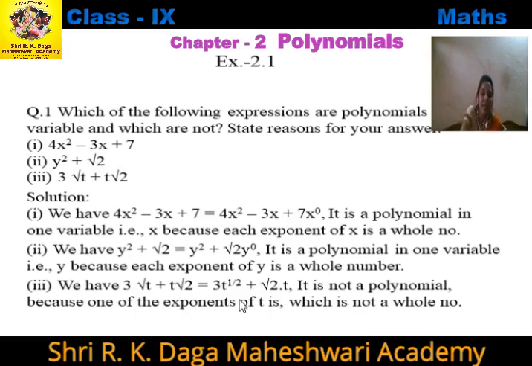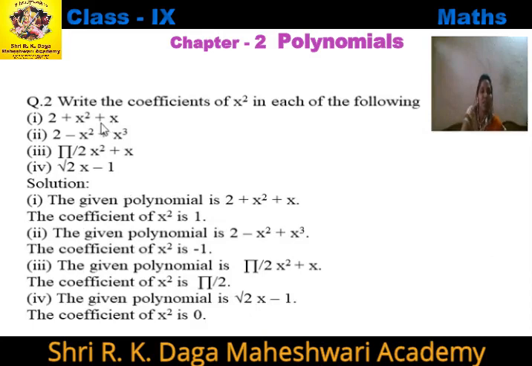This can be a polynomial in one variable t, but the power of t is a fraction, so it cannot be a polynomial, because in the definition I have told you that in a polynomial the power of the variable should be a whole number, and as it is not a whole number, it cannot be a polynomial.